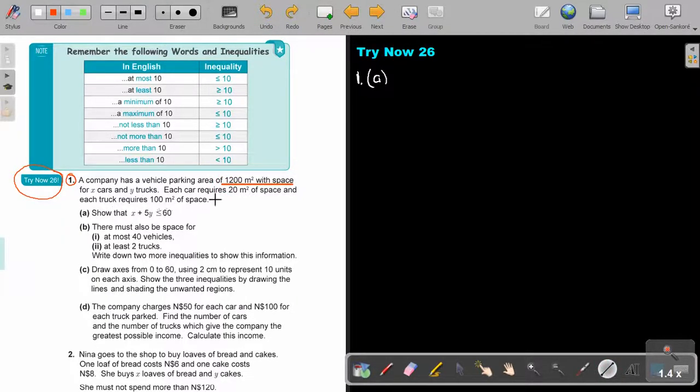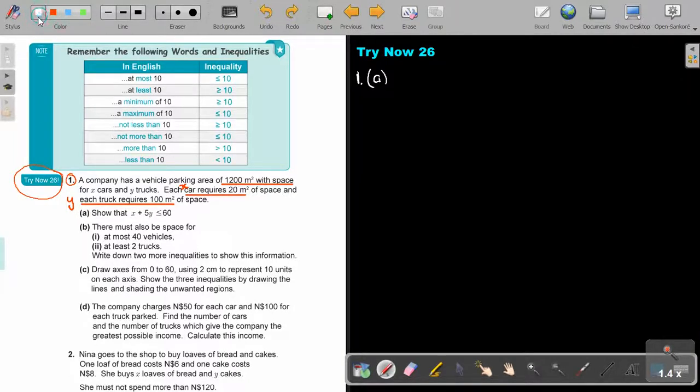Okay, each car requires 20 space, and each truck requires 100. So it's all about this page. Now the cars is X, don't forget, and the trucks will be Y. Okay. So if I look at this, then I say each car requires 20.